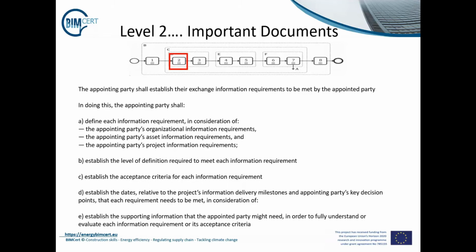Then we must look at establishing dates relative to the project's information delivery milestones and appointing party's key decision points. This will include the time needed by the appointing party to review and accept information and the appointing party's internal assurance processes. Finally, we must establish the supporting information that the appointed party might need in order to fully understand or evaluate each information requirement or its acceptance criteria, such as existing asset information, shared resources, or supporting documents or guidance material.